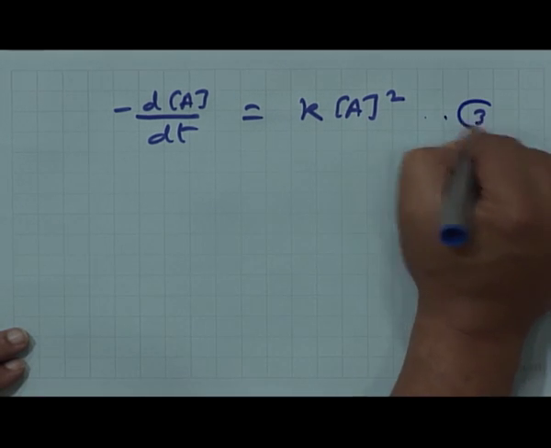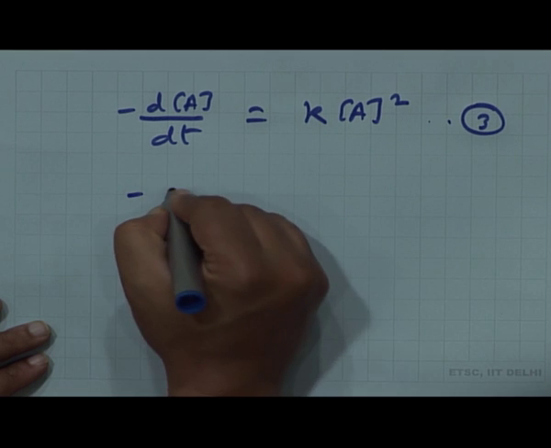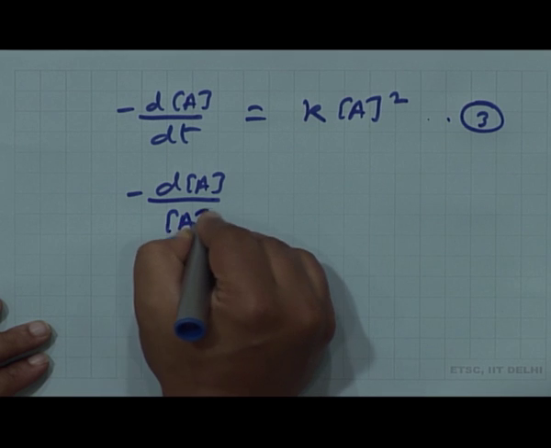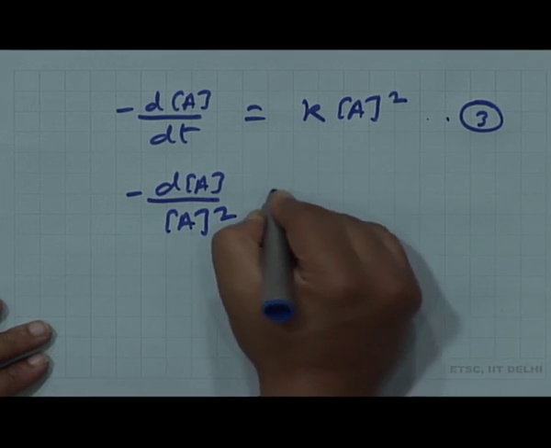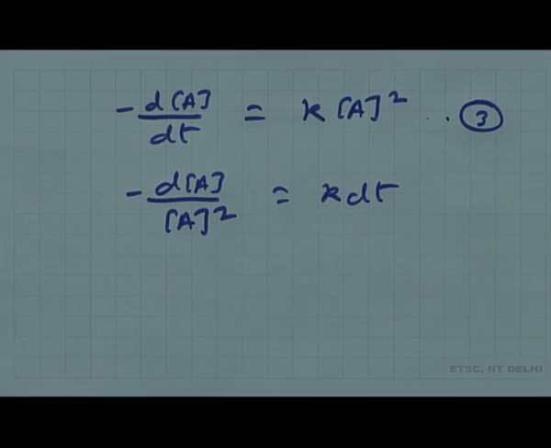So, let this be 3. Again, as we have done before, we bring A on this side, we take dt to the other side.